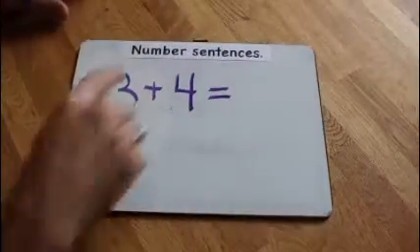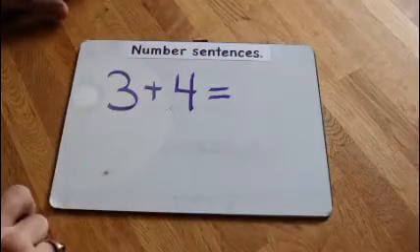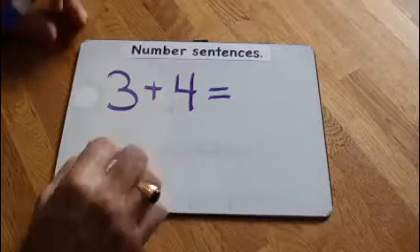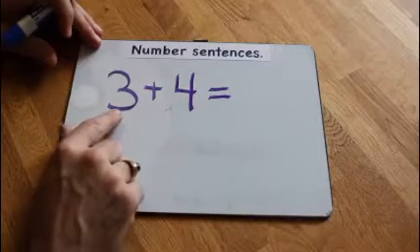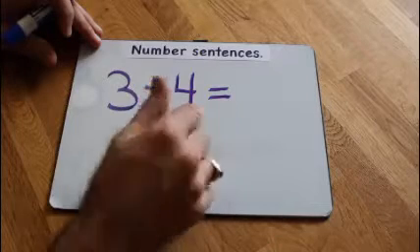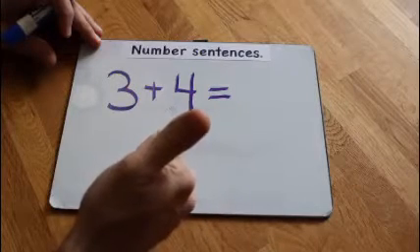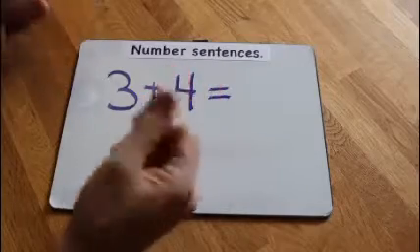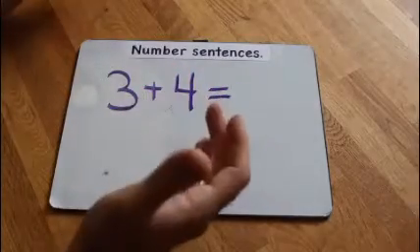Okay, we got our number sentences. Okay, we're going to solve these equations. We have 3 of them to do. First one up, read the math sentence. 3 plus 4 equals. Some of you are already doing your mental math. You might be using your fingers and counting on. You can also draw pictures.